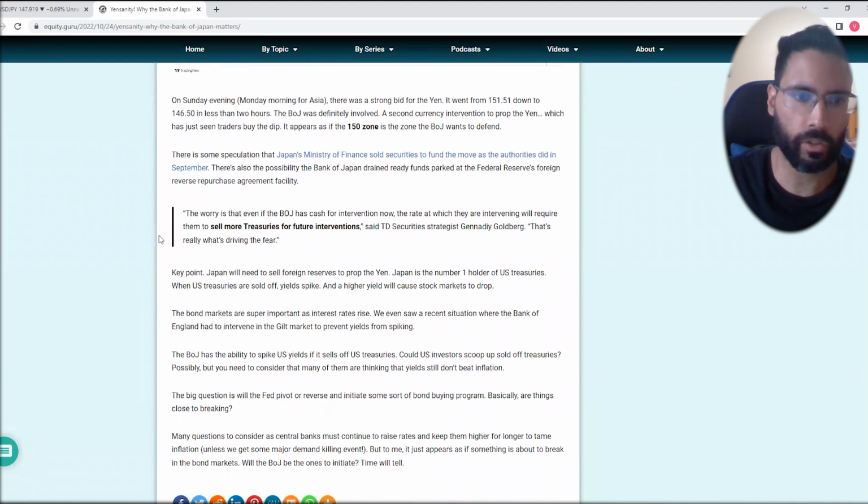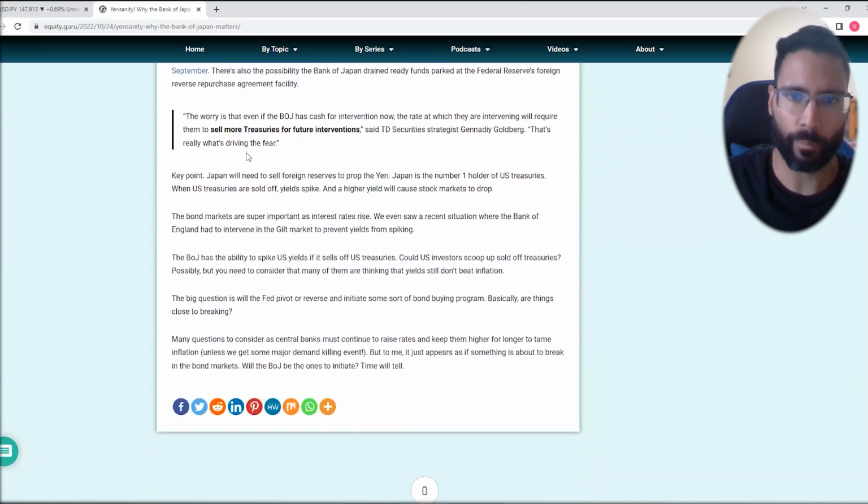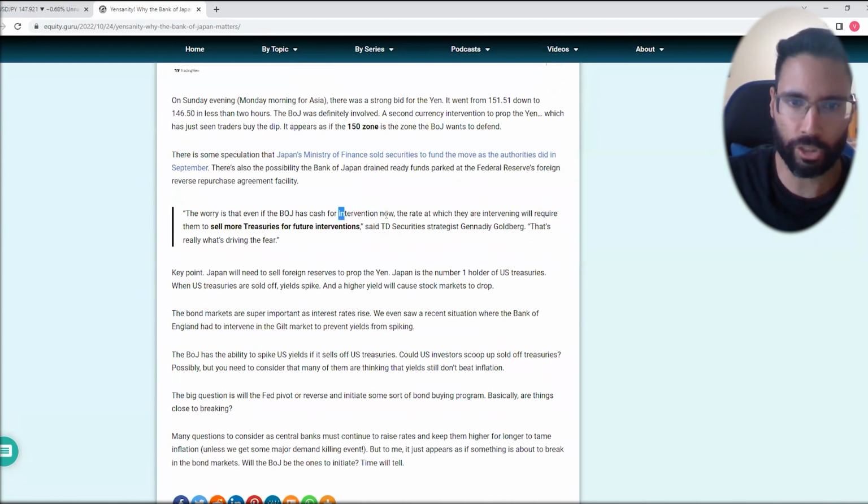And you can see here, even analysts around the world have been saying the same thing, right? The worry is if the Bank of Japan has the cash for intervention now, or will it require the Bank of Japan to sell more treasuries for future interventions? And that's really what's driving the fear right now. And again, Bank of Japan, no one really cared about it because they never really did much in terms of changing interest rate policy.